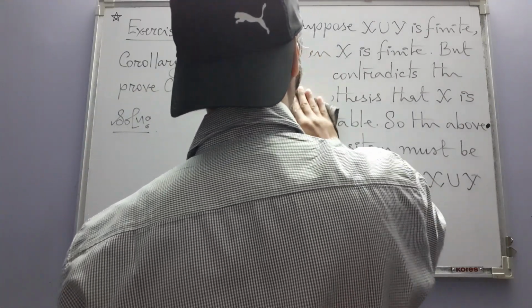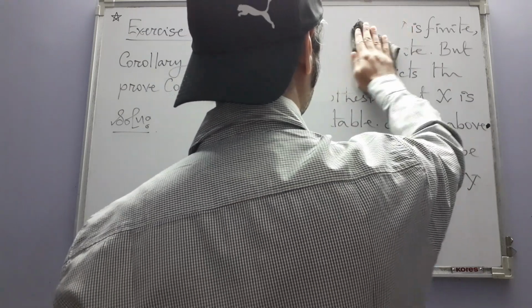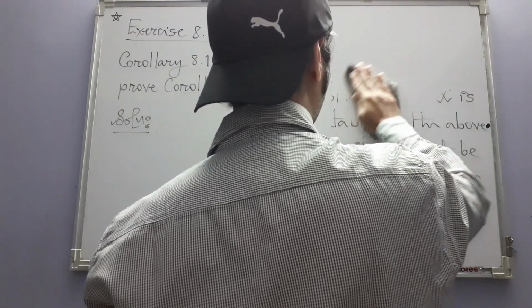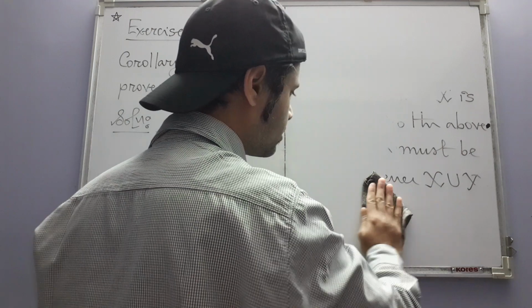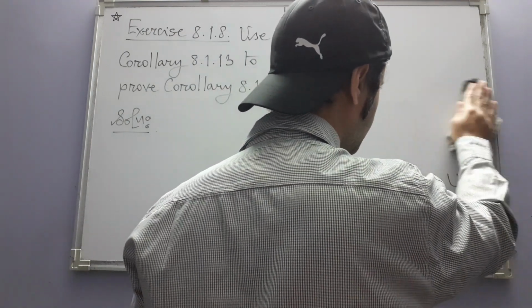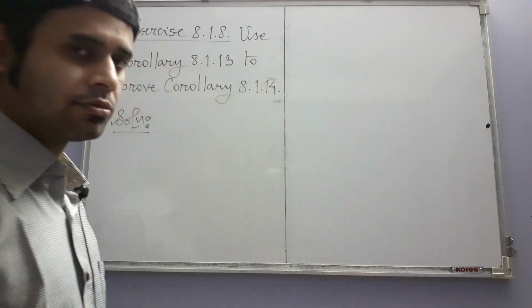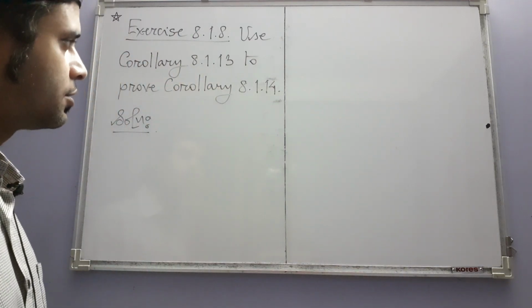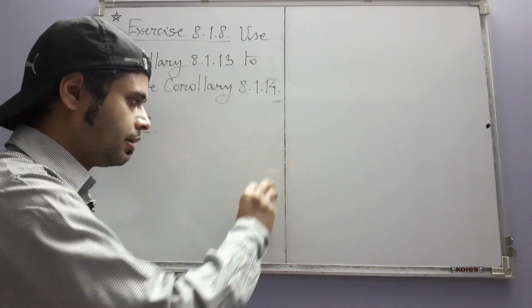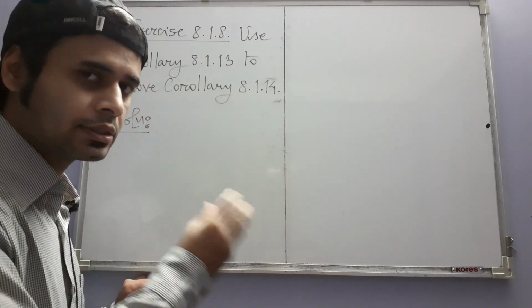Corollary 8.1.13 is that statement which says that the Cartesian product of the set of natural numbers with itself is countable. And in Corollary 8.1.14 we have a general version of this where, in place of N and N, we have two countable sets x and y.